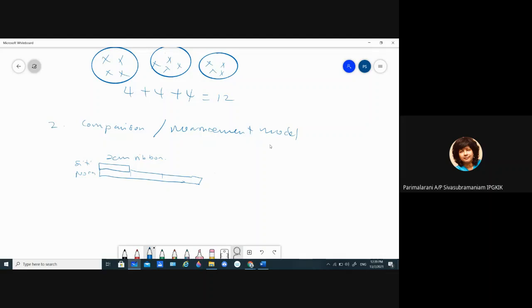Siti's is 2. Nora has a ribbon that is 3 times longer than Siti's. So 3 times 2 is 6. This is the comparison or the measurement model.